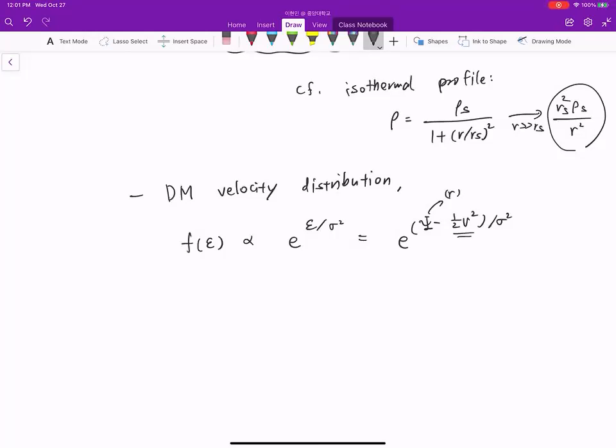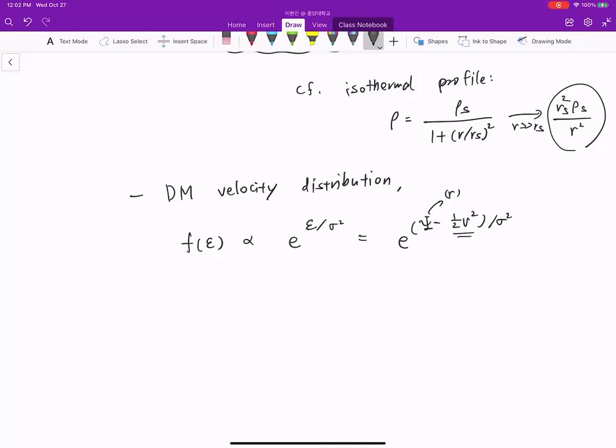It's like, even if you keep a gas in thermal equilibrium, in the atmosphere you still have a dependence of the gas density on the height above the surface.